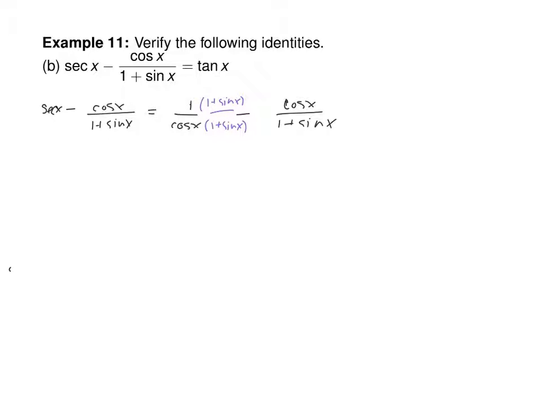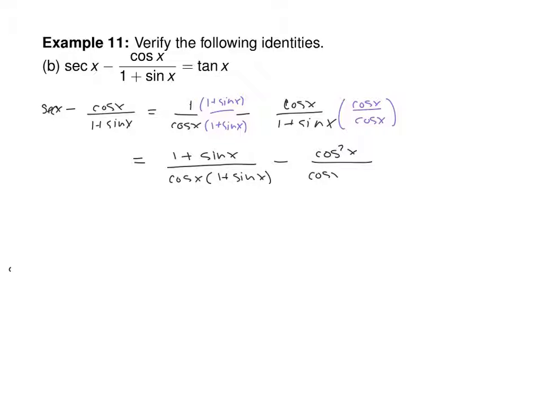And the second one by cosine x over cosine x. So that makes 1 plus sine x over cosine x times 1 plus sine x, minus cosine squared x over cosine x times 1 plus sine x.